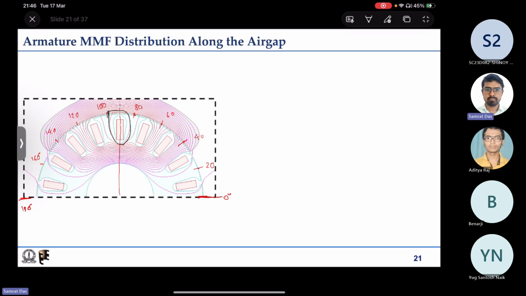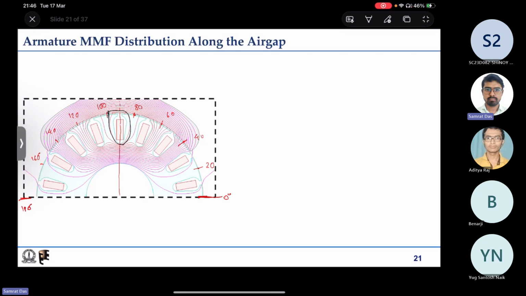First thing that we already have discussed, that if each slot is carrying some current, say I, and for simplicity all the slots have only one conductor, then what is the MMF enclosed by this flux line?